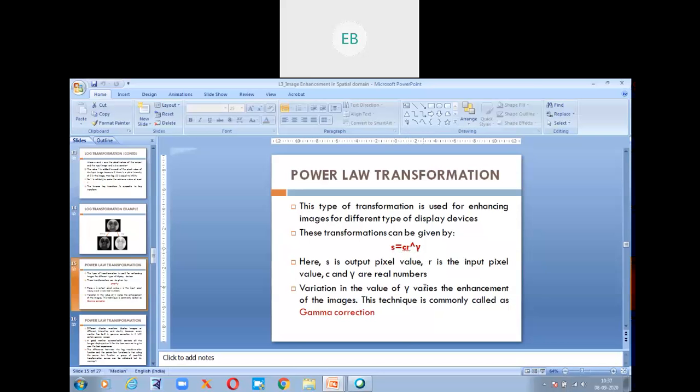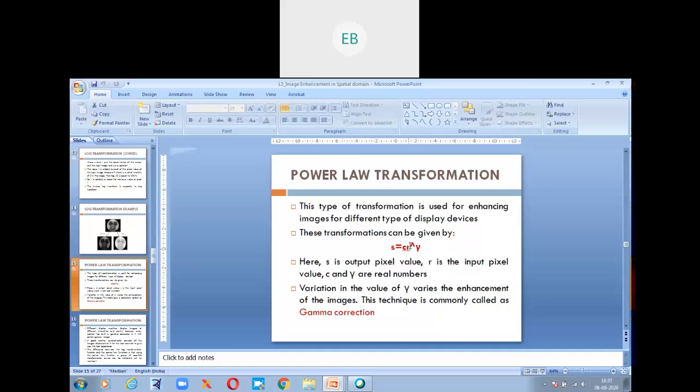And gamma is nothing but, see, if you are asked to differentiate between log transformation and power law transformation, users prefer power law transformation over log transformation because it has one special property, that is gamma.